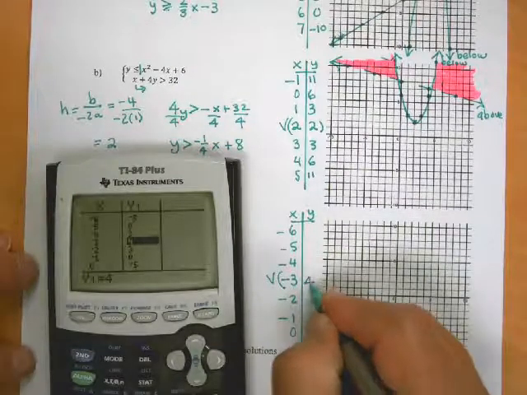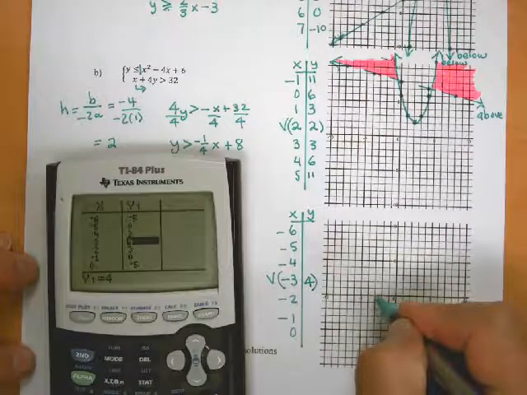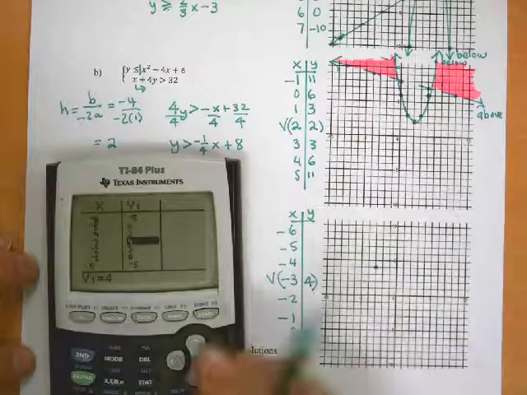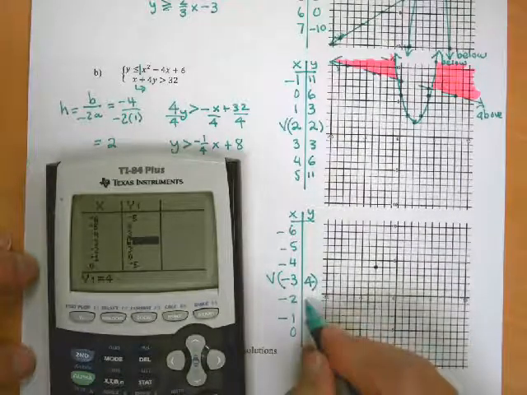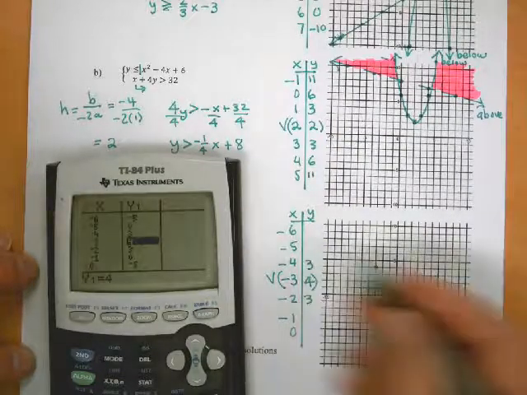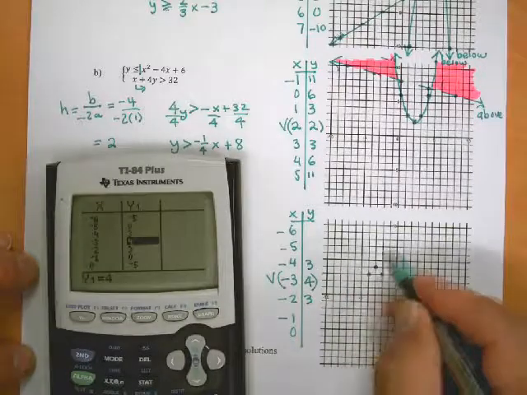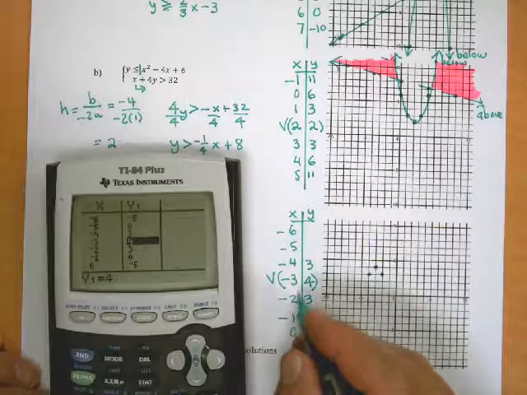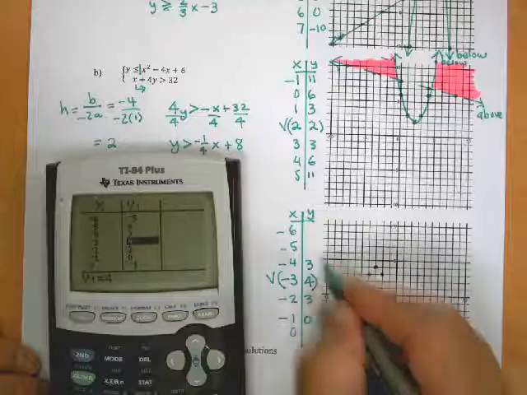There's your k value, negative 3, 4. On either side of it, it goes to a height of 3. Then 0 and negative 5.